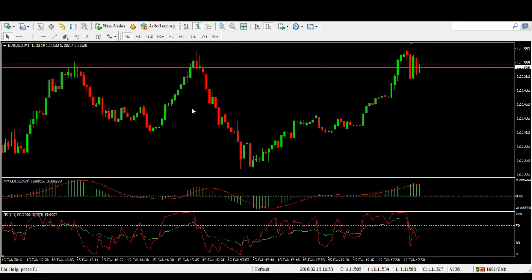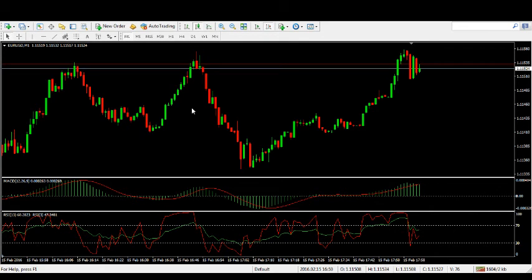I think it's enough for today, and I don't know how it was. Maybe for beginners it's very strange. Intermediate or professional traders are familiar with this.